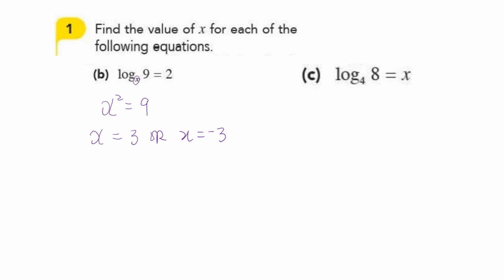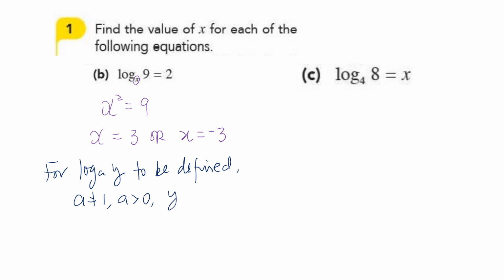Because if you recall, for log functions to be defined, the base cannot be 1 and the base must be more than 0. Y also must be more than 0.